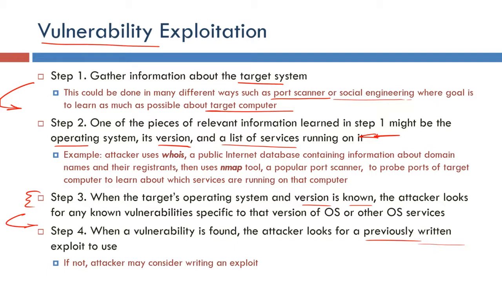They are very good programmers, but they are using their skills in a bad way. We said last time that an exploit is a program written to take advantage of a vulnerability. If they find that an exploit is available somewhere, they can just try it. If not, they can try to develop an exploit themselves and use it to attack that system.